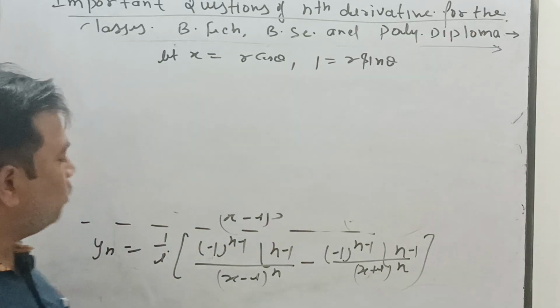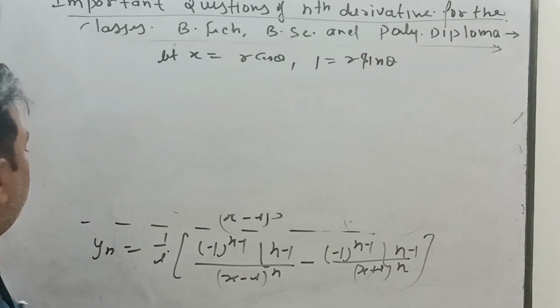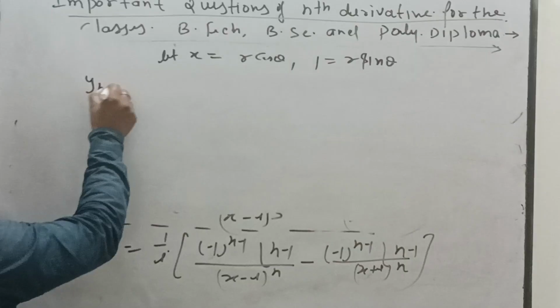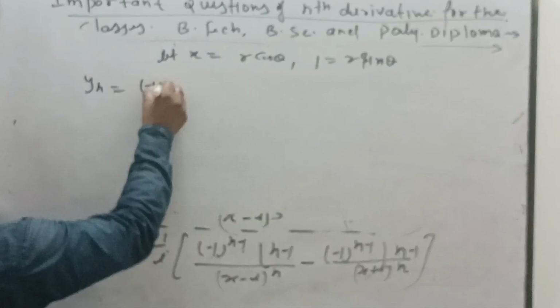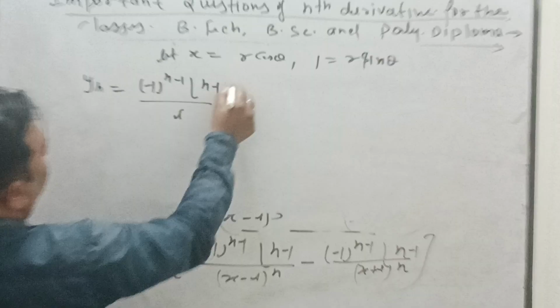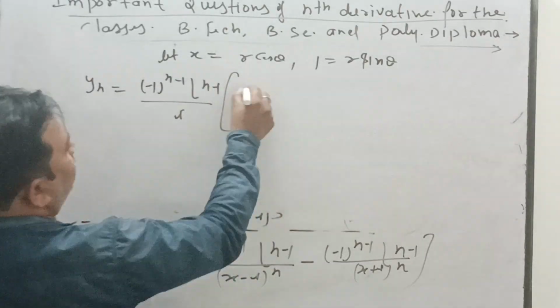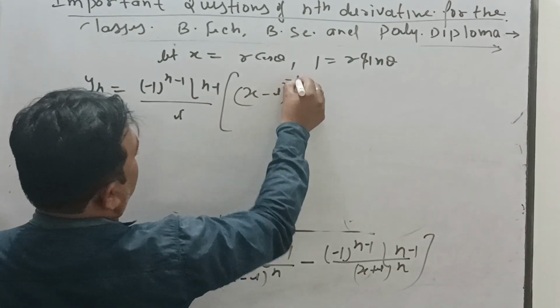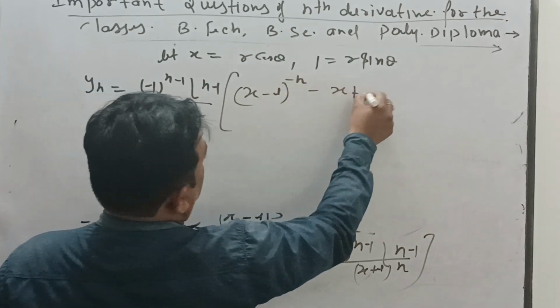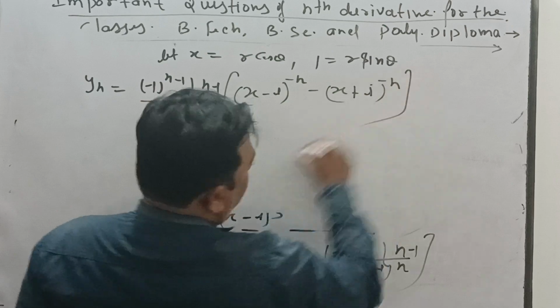Okay, so x equal to r cos theta and 1 equal to r sin theta. You put the value of this. Then yn equals minus 1 to the power n minus 1, factorial n minus 1, upon i. You take out of this (x minus i) to the power minus n minus (x plus i) to the power minus n.